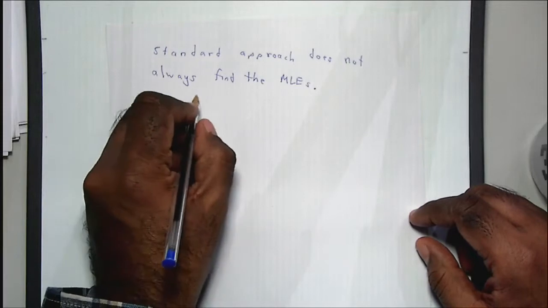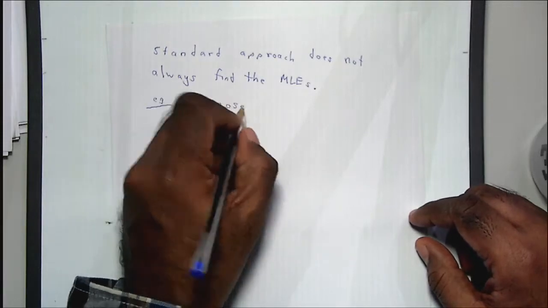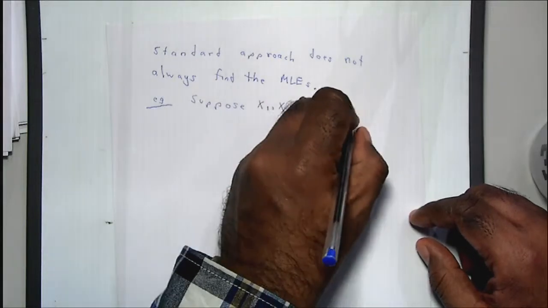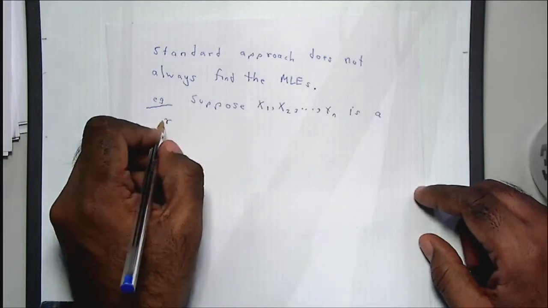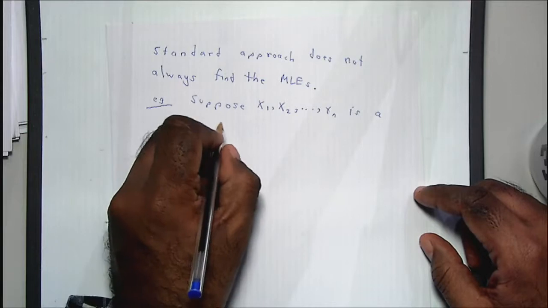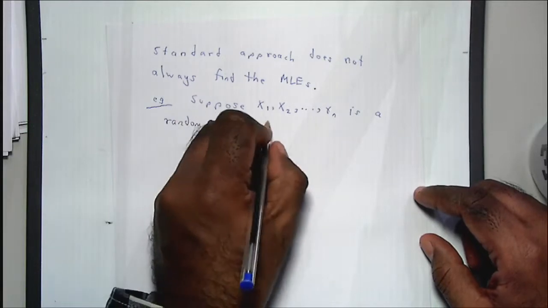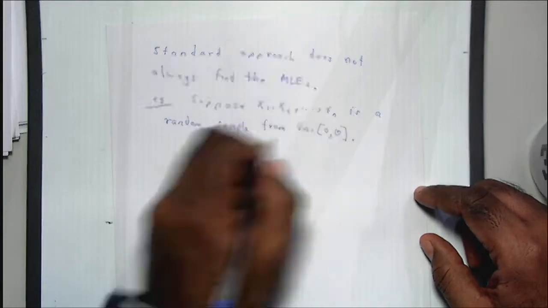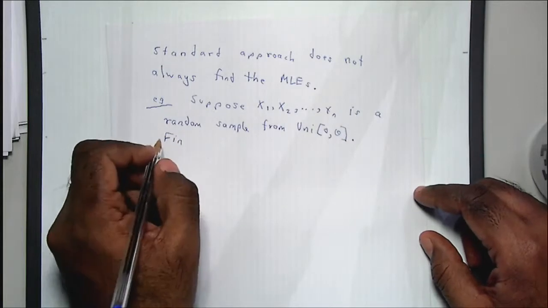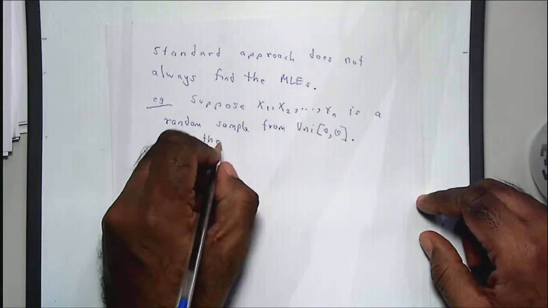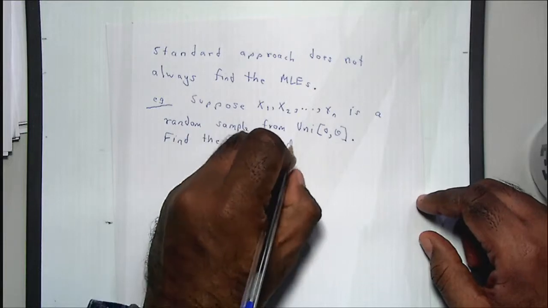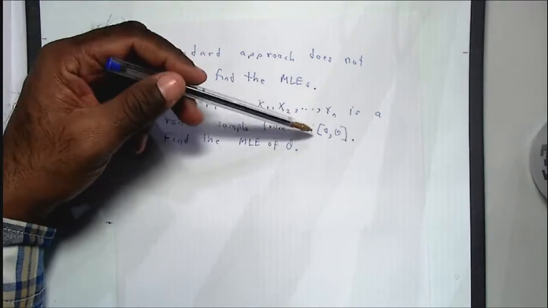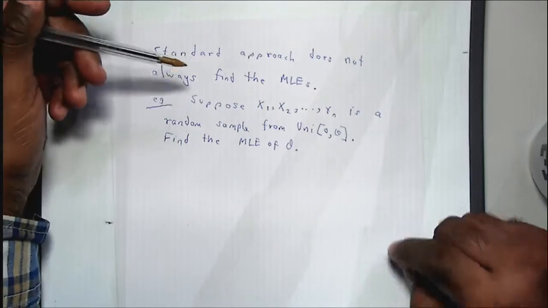Okay. Suppose, consider this example, guys, where you have a random sample from the uniform distribution on the interval 0 to theta, and we want to find the MLE of theta.